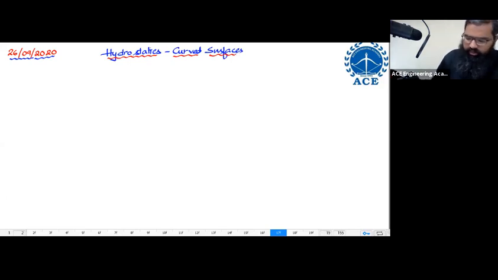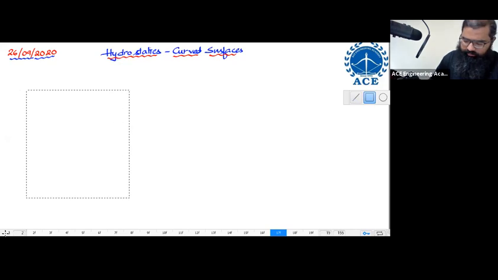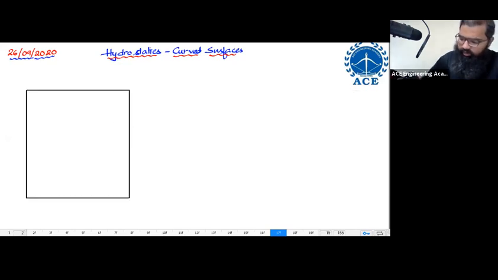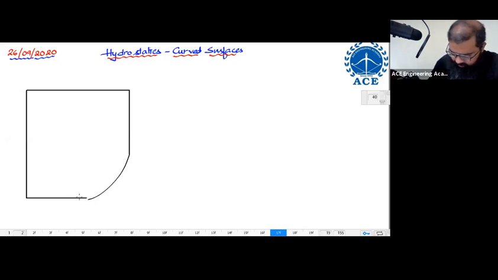Okay, so let me quickly summarize. Imagine that you have a container. You have some container like this, for example, and let us say somewhere over here you are having a curved surface, starting from here.